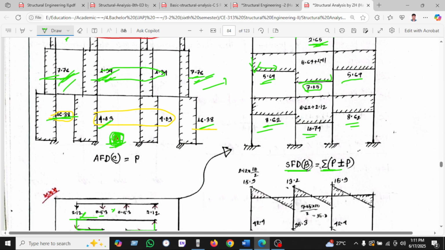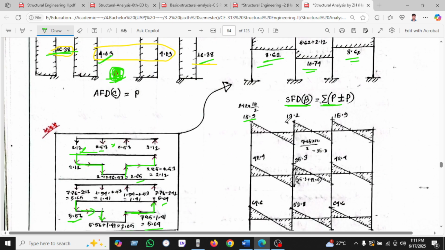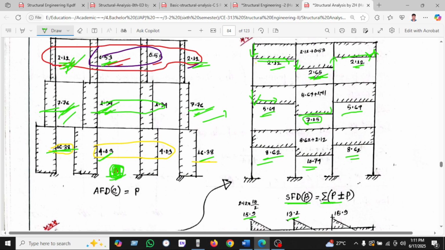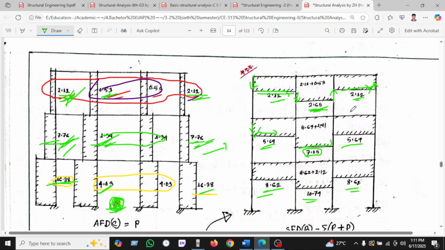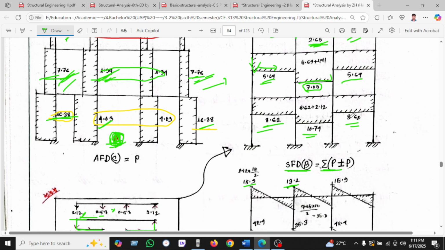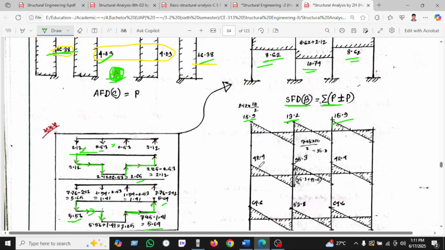So that's why 15 divided by 2 is found 15.9, and in this case similarly, we have found 2.65 into 10 divided by 2, which is 13.2, and in this case it is the same, which is 2.12 into 15 divided by 2, which is 15.9. So we have seen here. How will we get this?